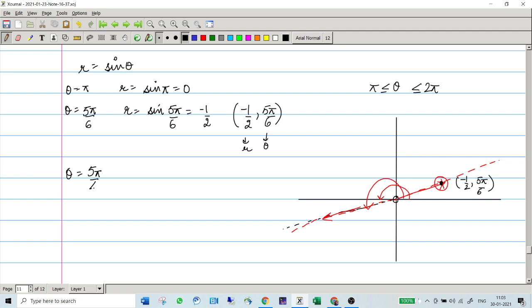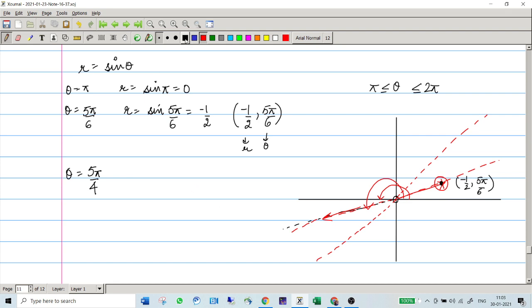Let us consider one more example to make it better clear. 5 pi by 4 is the next thing we can think of. It is along the line which is here. Basically what I'm doing is pi plus pi by 4 units. So your traveling line would be somewhere along this direction, right?